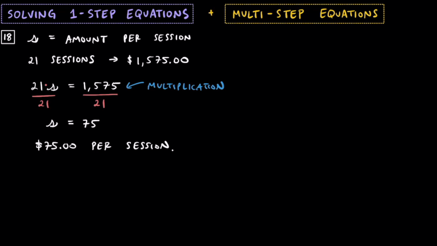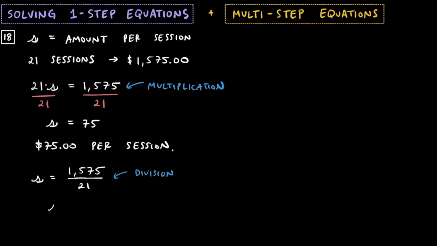So it has multiplication as the operation. And if you wanted to write a division equation to represent this, we can say the amount of money they're charging per session, S, is equal to the total money that they made, which is this much over here, divided by 21. So this equation here would also get you your answer. This is just rewriting the equation, so we're using division as the operation instead.